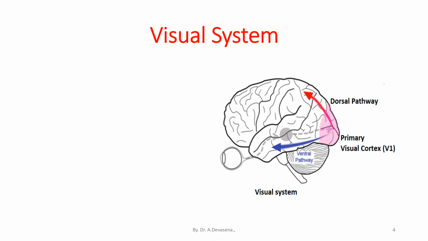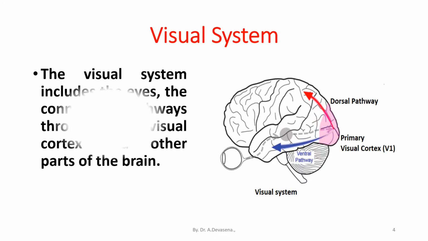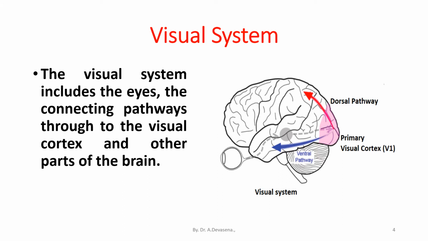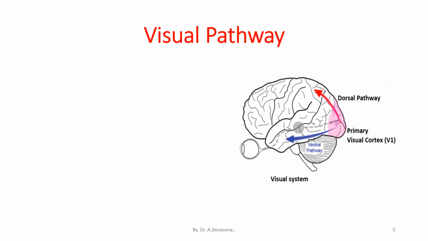Visual system. Here is a representation of the visual system. The visual system includes the eyes, the connecting pathways through to the visual cortex and other parts of the brain. Visual pathway.